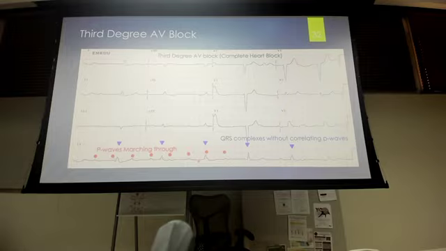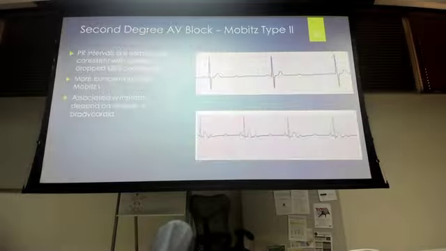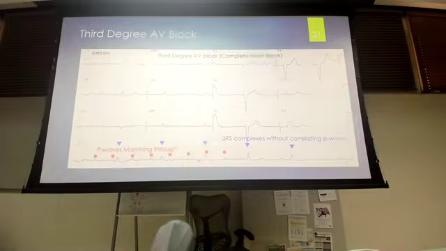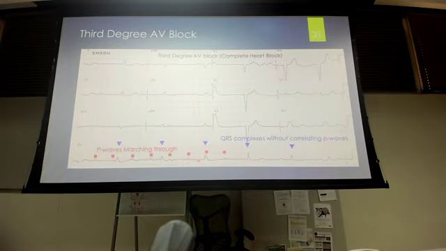They're there, whereas when we talk about Wenckebach, we're missing them. They're just not there. Here they're there, they're just not associated with the P waves. If you were to measure out those QRS complexes on the Wenckebach, I'm missing one here, I should have one here and I'm not.